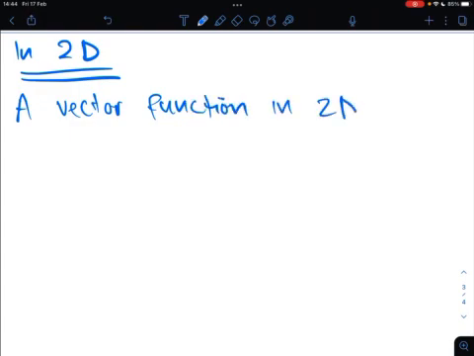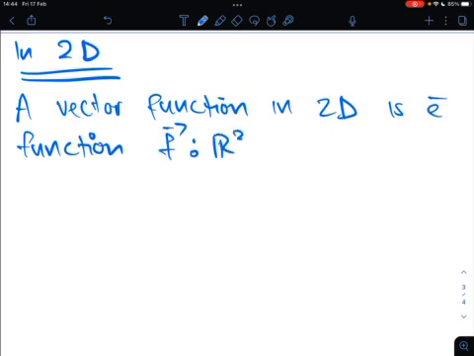A vector function in 2D space is a function f with an arrow, which takes us from R2 and maps us to V2, where V2 means two-dimensional vectors. That's what a vector function is most of the time in two-dimensional space.